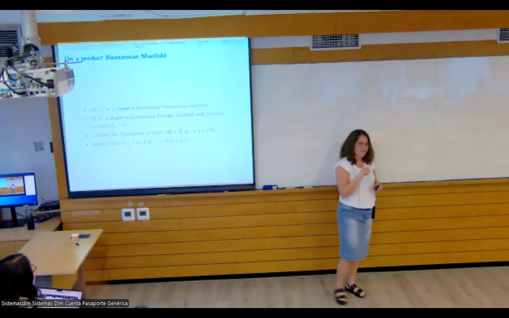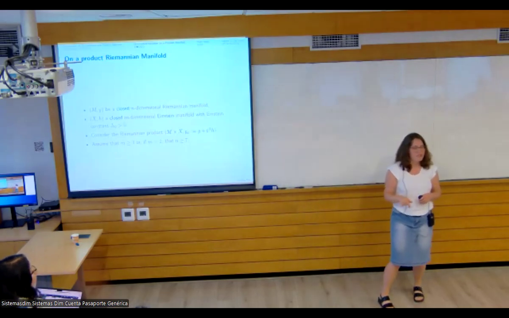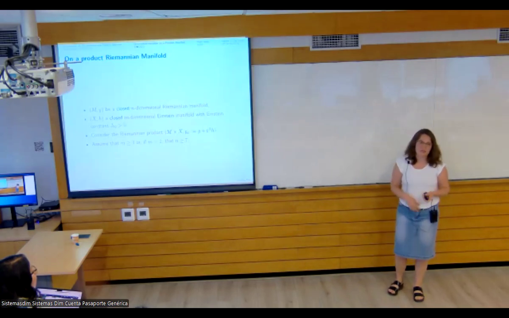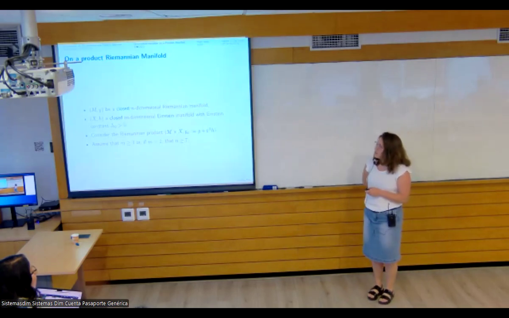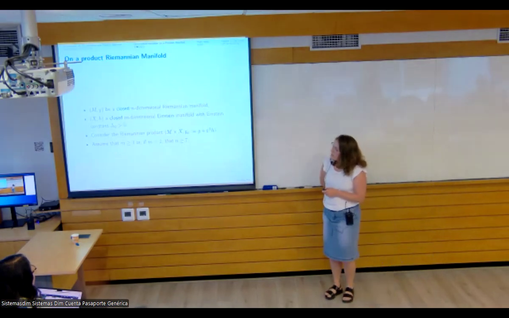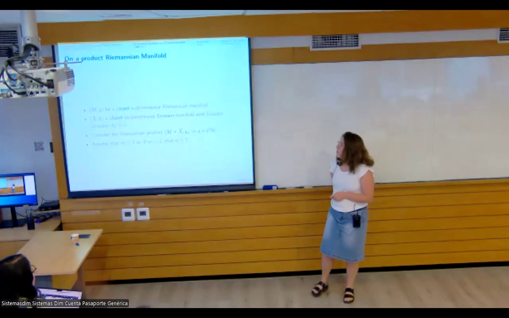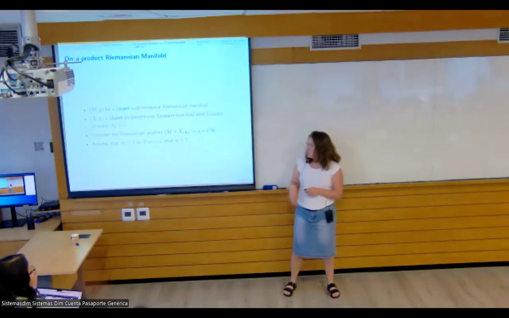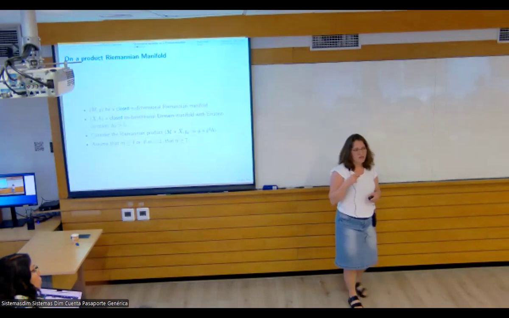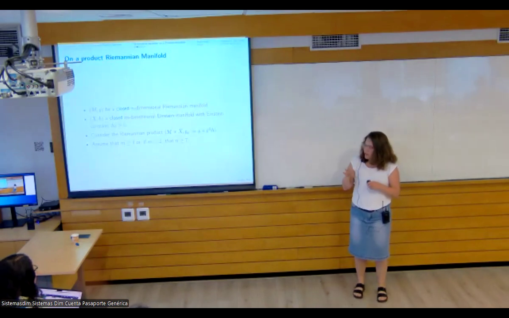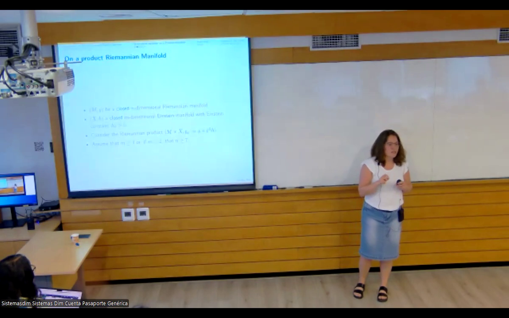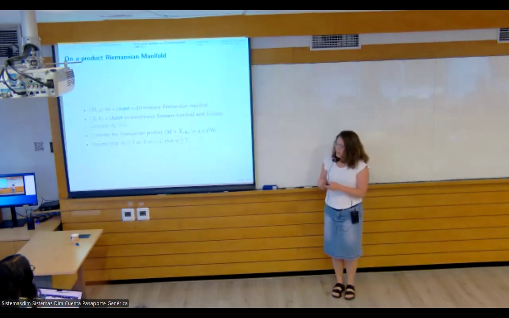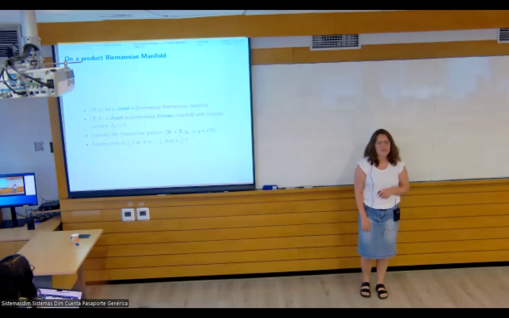That condition is only to simplify the computations, but we don't know if it works if we don't put that condition. And we consider the Riemannian product M times X with a metric given by g plus epsilon squared times h, which is a little perturbation of the second metric. Well, we have some assumptions about the dimensions of the manifolds.